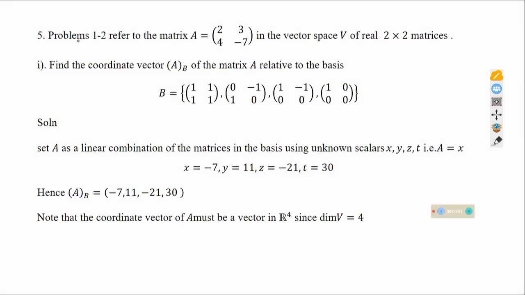We are having question number 5, where we are having problems 1 to 2. So we are having part 1 and part 2, where basically you need to be referring to the matrix A, and your matrix A is having entries 2, 3, 4, and -7 in the vector space V of real 2 by 2 matrices.